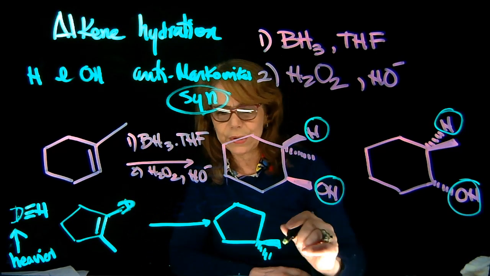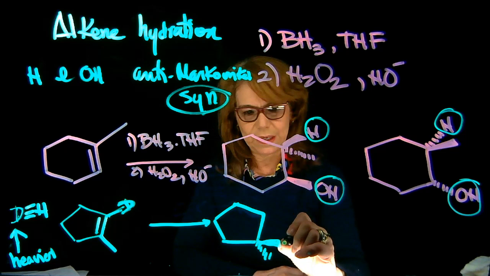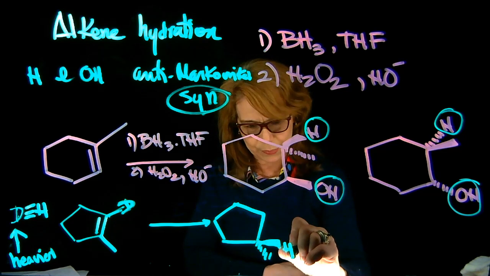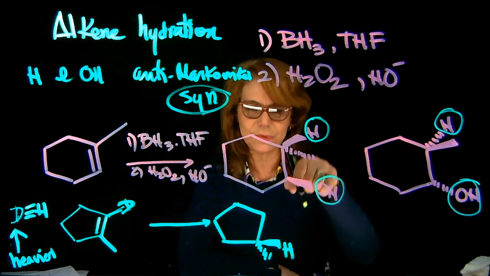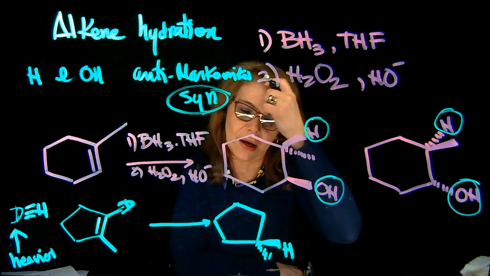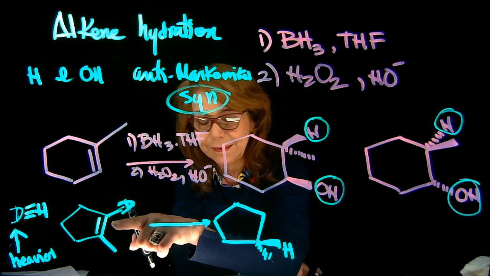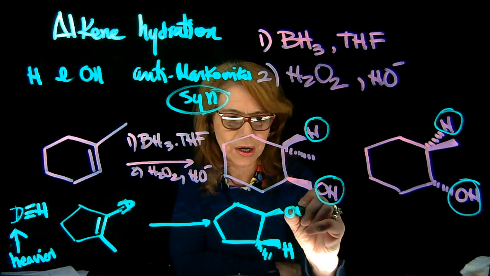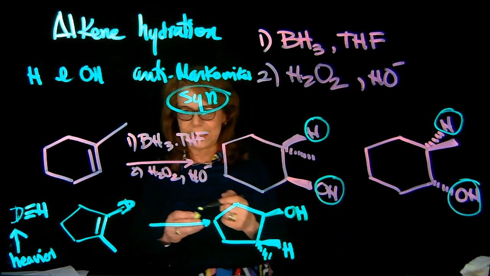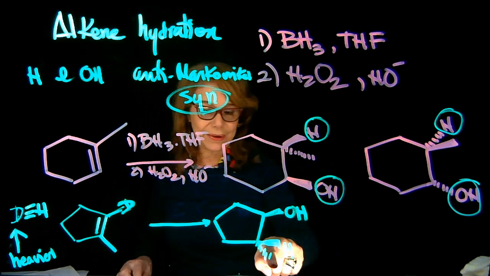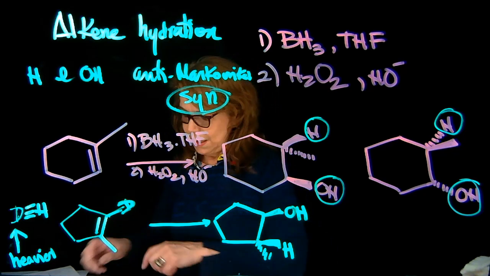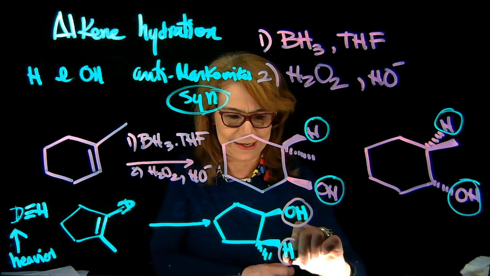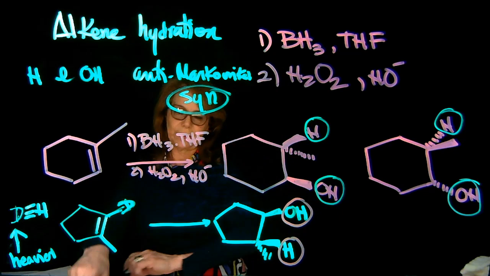So to keep track of where the H is that you're adding, I'm drawing it. Again, this is the least substituted, so you're going to add your OH here. Here, remember, is the methyl. And what is important to keep track of is that OH and H are added to the same side.